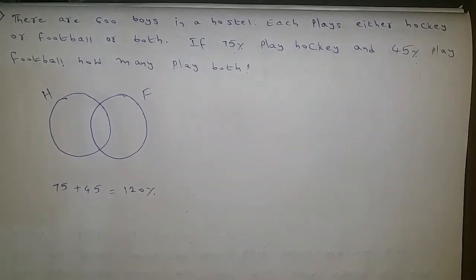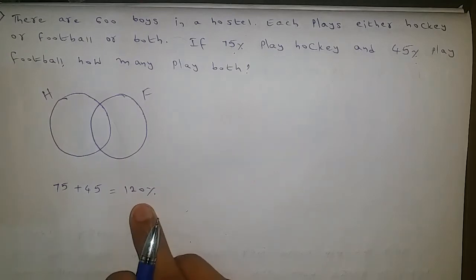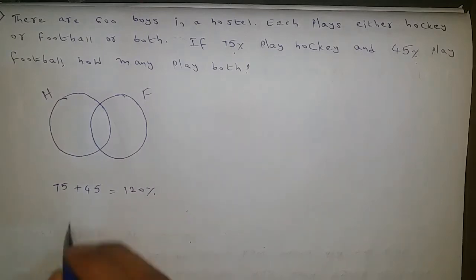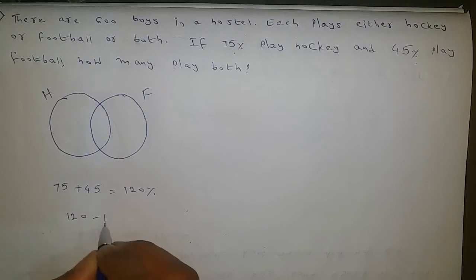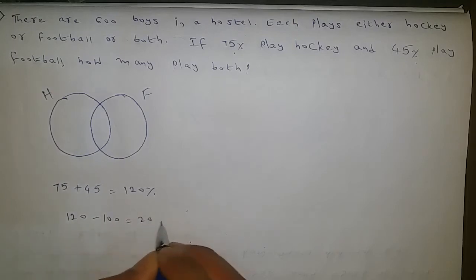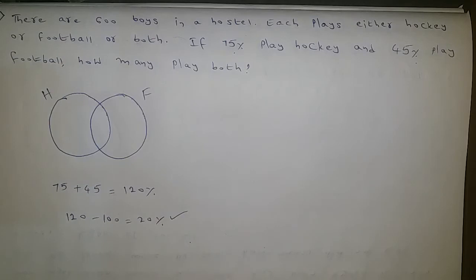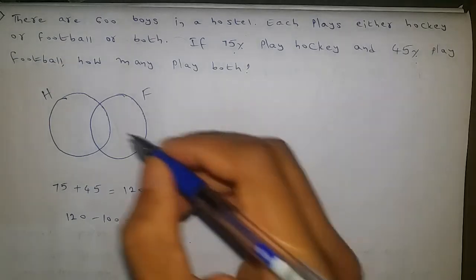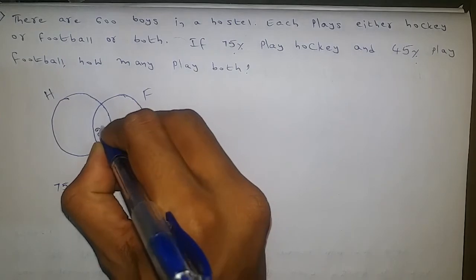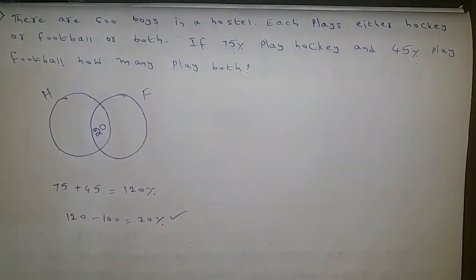But the whole represents only 100 percentage, so we have 20 percentage extra. 120 minus 100 is 20 percentage extra. This 20 percentage extra is nothing but those who play both the games.